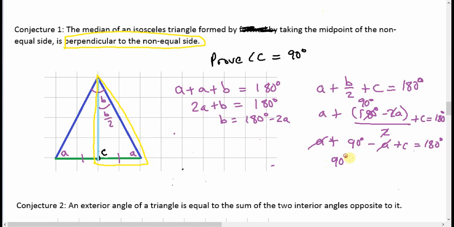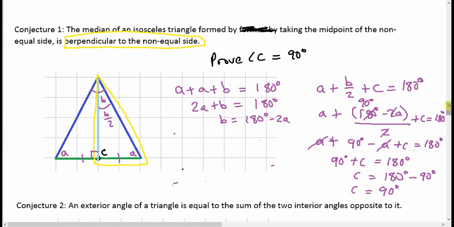So we just have 90 degrees plus C is equal to 180 degrees. We can isolate C by subtracting 90 from both sides. C is equal to 90 degrees, which means for sure the median is perpendicular to that non-equal side.